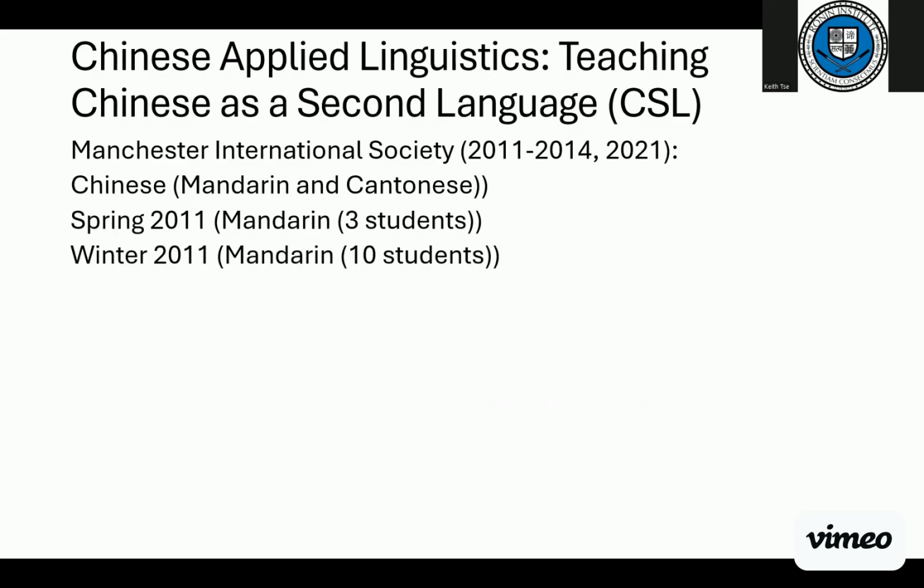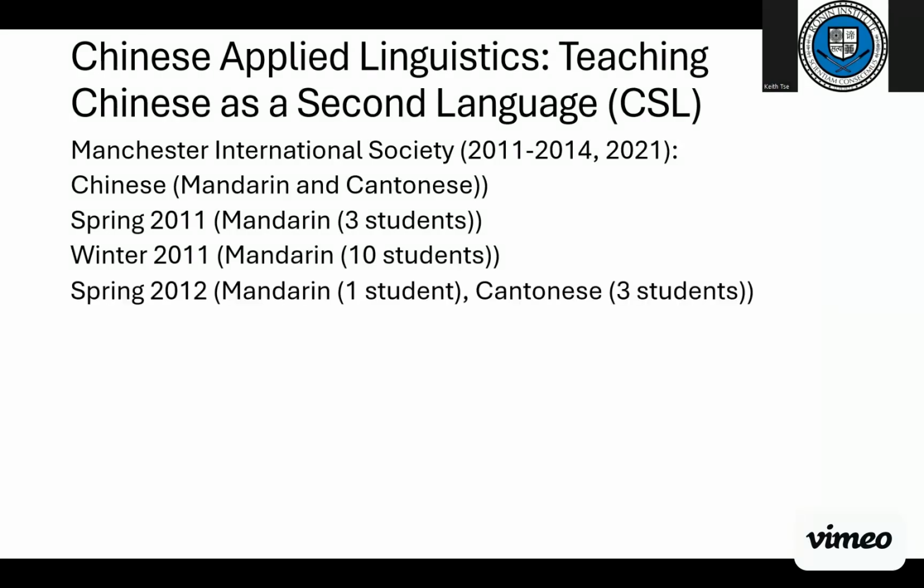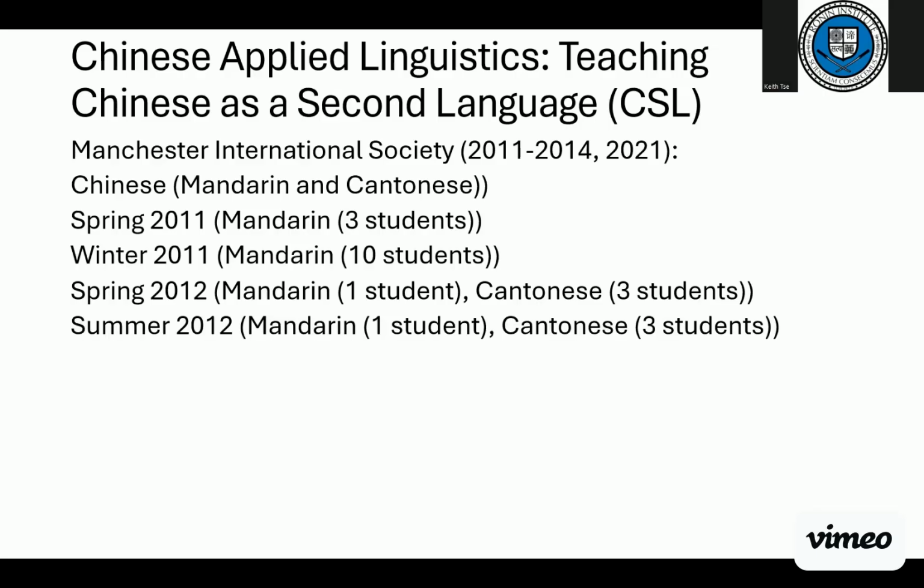In my second term, I had a full plate. I had 10, so it was a full course. In my second year, in 2012, I taught both Mandarin and Cantonese. So in the spring term, I had three Cantonese students versus one in Mandarin. In the summer term, I also had three students of Cantonese versus one student of Mandarin.